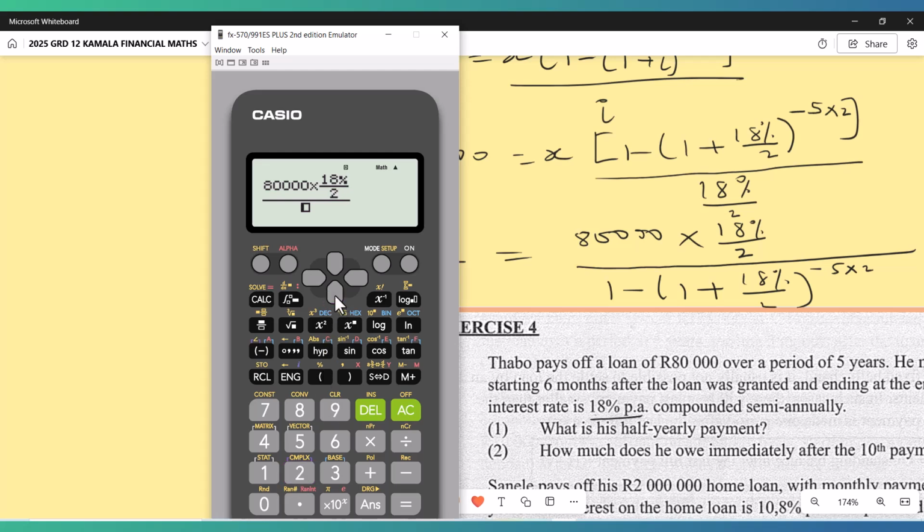Then everything divided by 1 minus, open bracket, 1 plus another fraction, 18% divided by 2, to the power of negative 5 times 2, because it was being compounded semi-annually. We get our answer here, which is 12465.